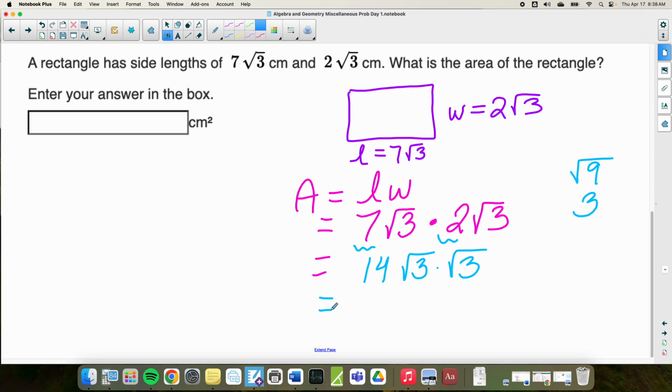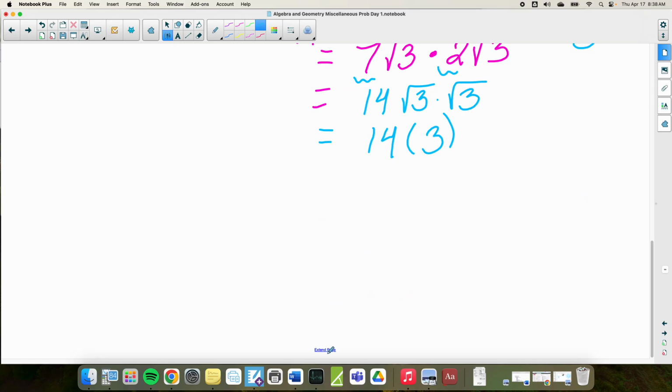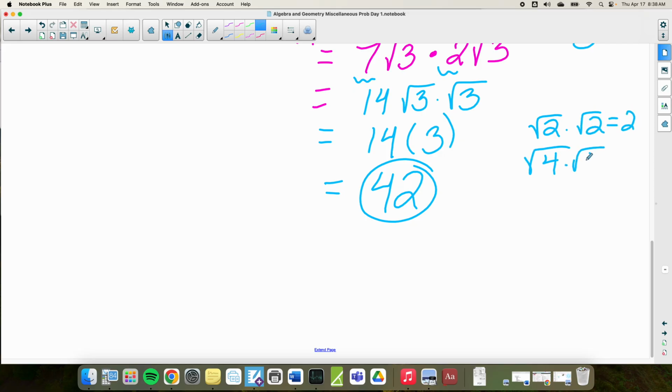So this is just 14 times 3, which would be 42. One thing to remember: square root of 2 times square root of 2 is 2, square root of 4 times square root of 4 is 4, and so on. They just cancel the square roots out.